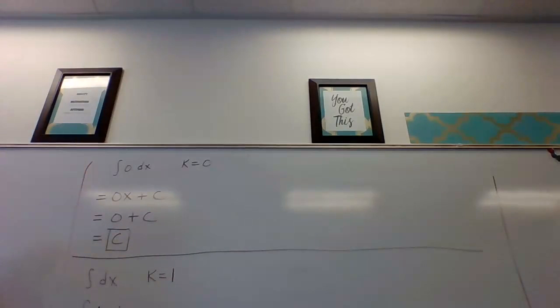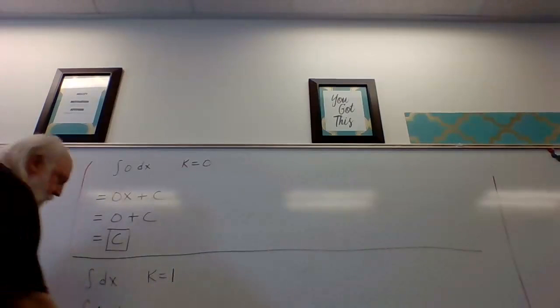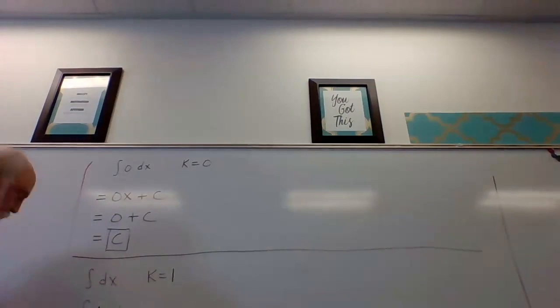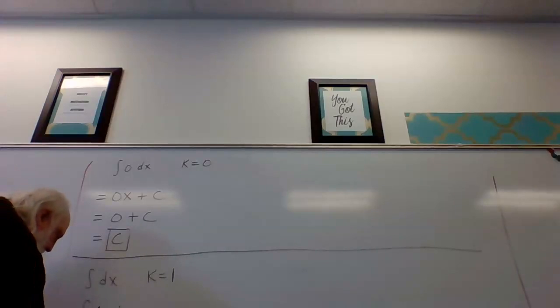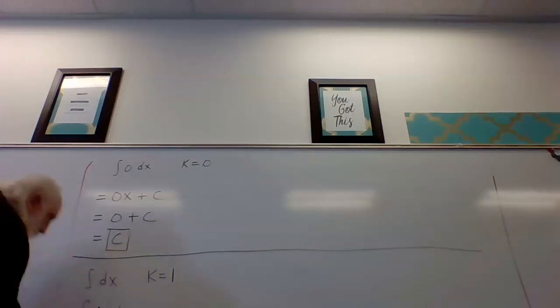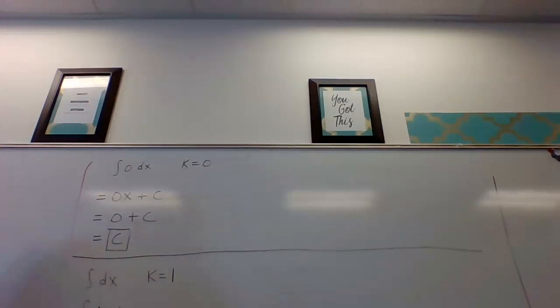And so the antiderivative of 1 with respect to x is equal to 1x plus c. And you know 1x is just x. So the antiderivative of 1 dx, the invisible 1, is equal to x plus c. And that makes sense because the derivative of x with respect to x is 1, and the derivative of a constant c is 0.